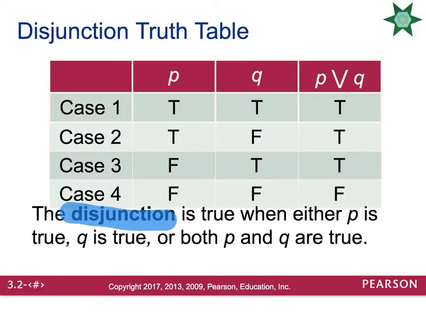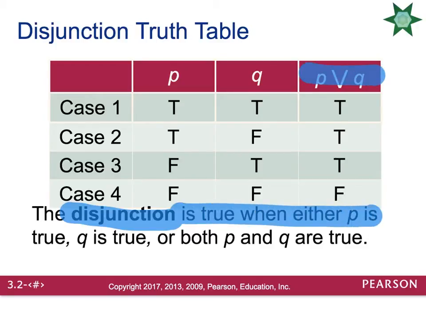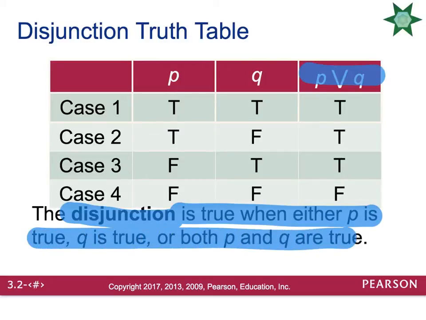Okay, and disjunction is "or," P or Q, and that is true when either P is true, Q is true, or they're both true. In other words, we just need one of them to be true. So if we have one true, then P or Q is true. And if they're both true, it's true as well. Case 1, they're both true, so P or Q is true.